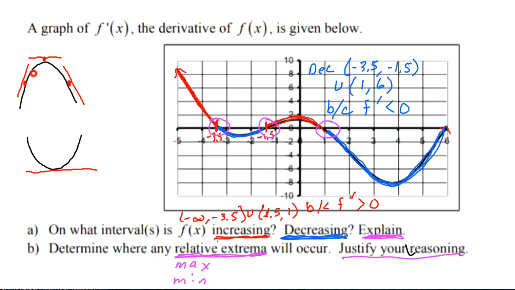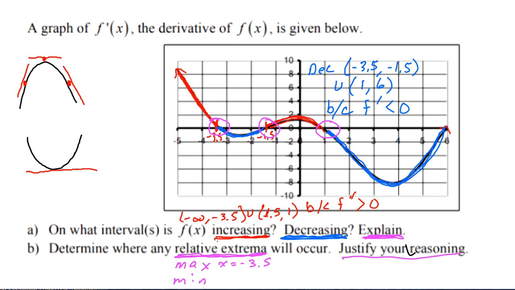Well, that means it's a maximum, just like this one right here, changing from positive to negative. So we are going to have a max at x equals negative 3.5.